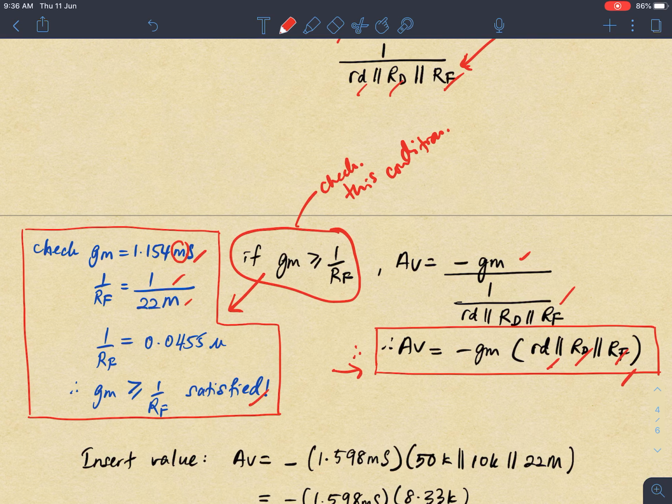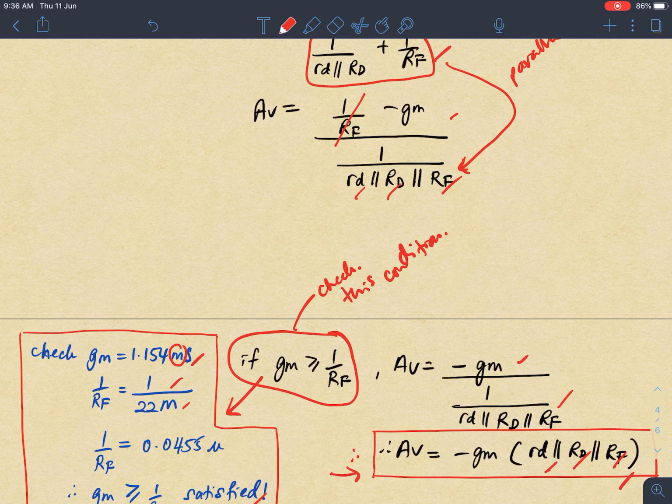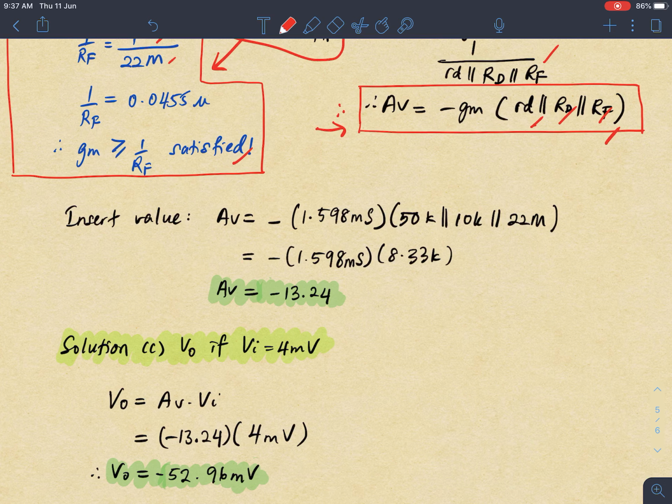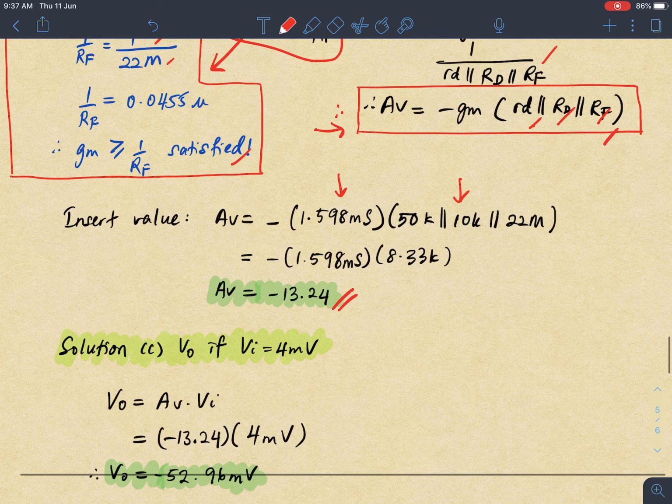If this condition is not satisfied, it means that you have to use the full equation. Then insert the value of GM from the previous calculation, and insert all resistors here, and I get AV is negative 13.24. Please be careful with the negative sign or positive sign.